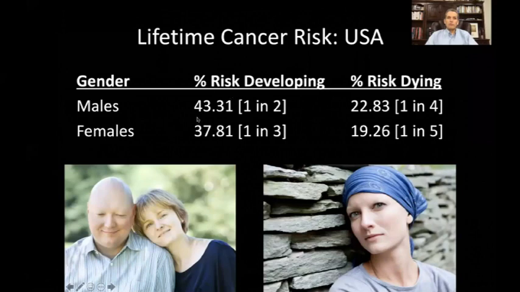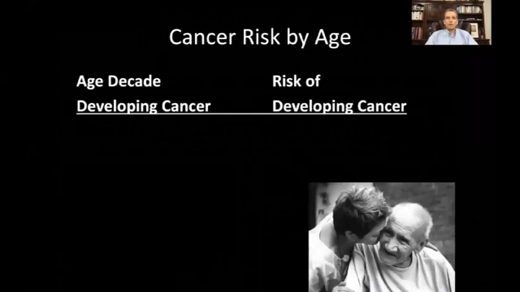These numbers are increasing. I think this is from a few years ago, and indeed cancer is growing. The amount of it is growing in the United States. I think we're going to cover that in a bit, so I'll zip my lip until we get there about those details. As far as age is concerned, if you're in the United States and you're in your 50s, you only have a 1 in 20 risk of developing cancer.